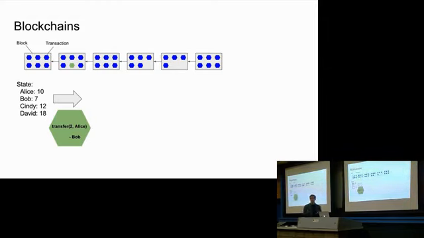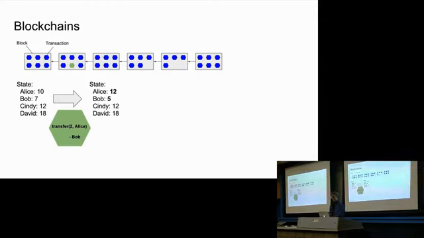So Bob wants to transfer 2 tokens to Alice. And when this transaction is included in a block, then its effect on the state is calculated, and the effect is that the balance of Alice is increased by 2, and the balance of Bob is decreased by 2. Okay, that's how blockchains work.